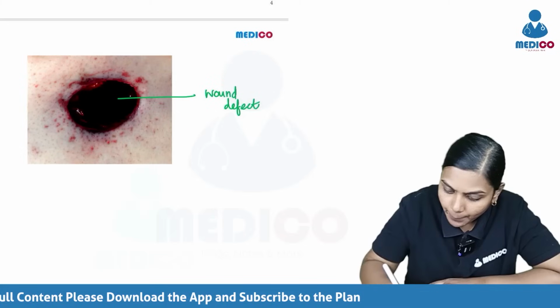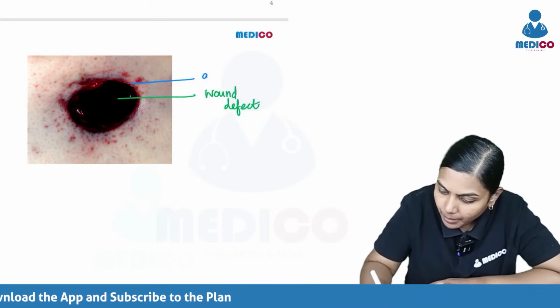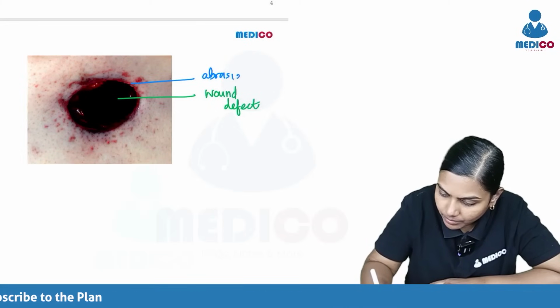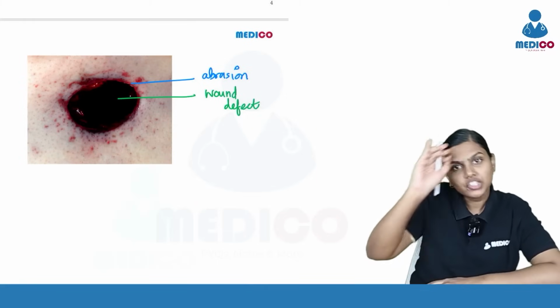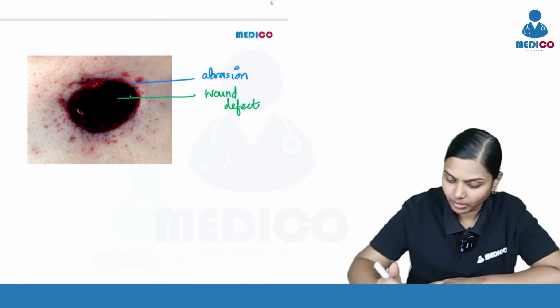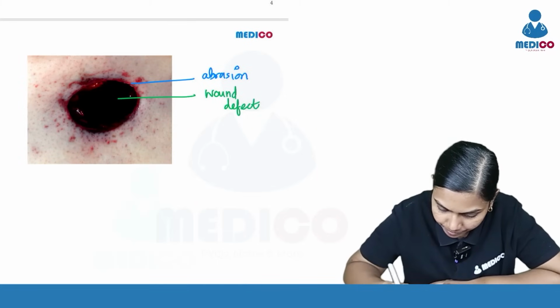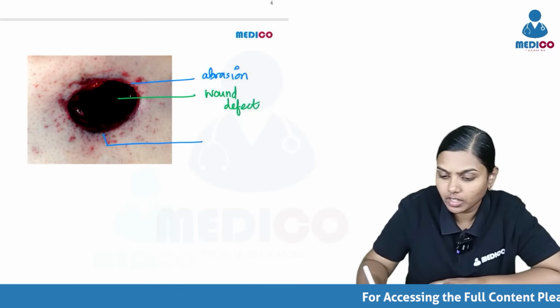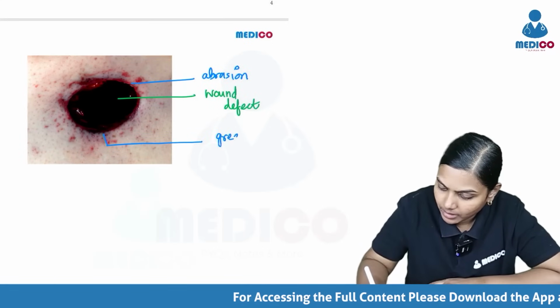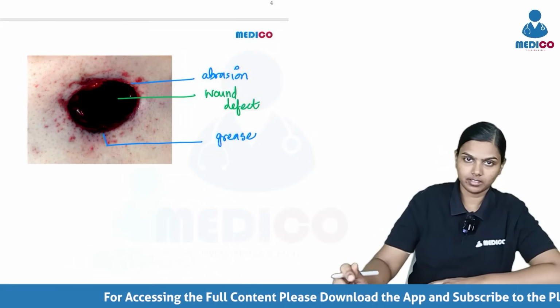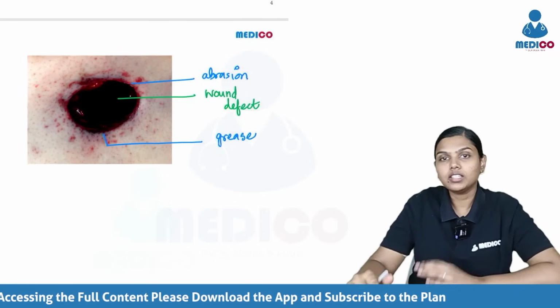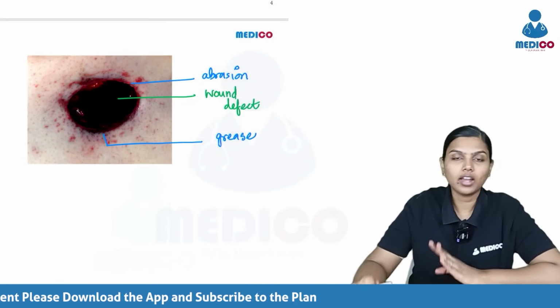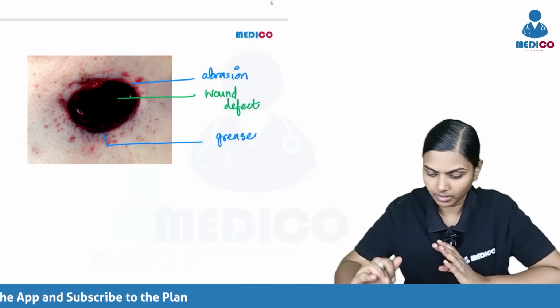This is your abrasion. This marginal thing is an abrasion. And this black thing that you see here is grease. Clear? So these are the things that you are able to see here.